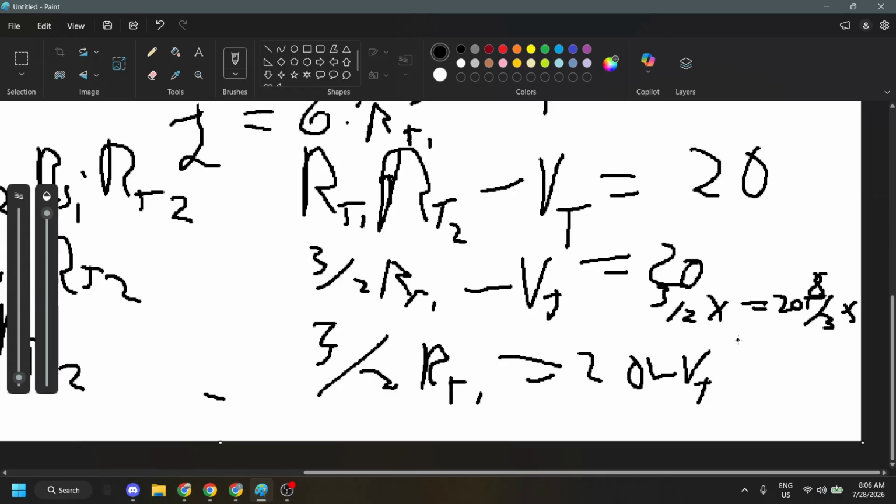Just subtract these, I guess. So 3/2 minus 8/3 x is equal to 20. This is 9/6 minus... this gives me, this is 2.66, this is 1.5. God damn it.